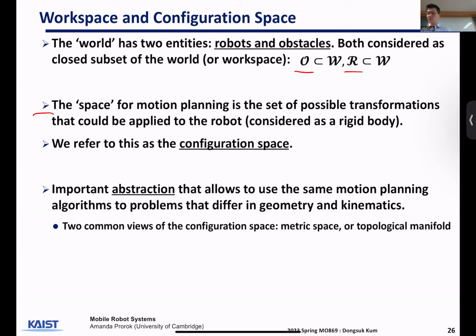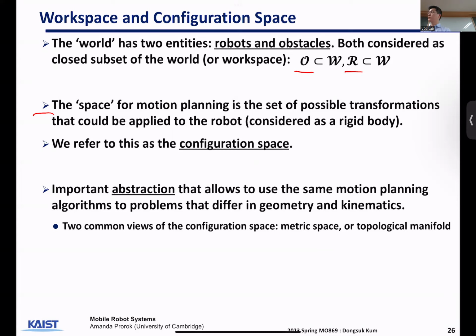The space for motion planning is the set of possible transformations that could be applied to the robot, considered as a rigid body in this study. Some robots may not have a rigid body. We're going to refer to this as the configuration space.